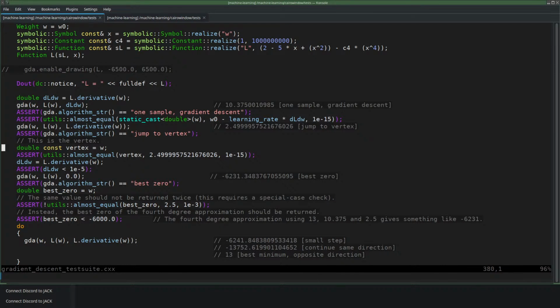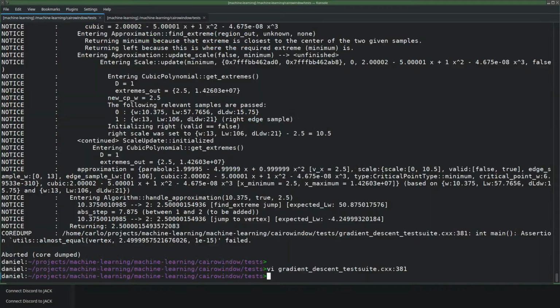Yeah, I guess this is no longer the vertex now. It is now the minimum of the third degree polynomial, which is slightly different than this value. Namely, exactly 2.5.